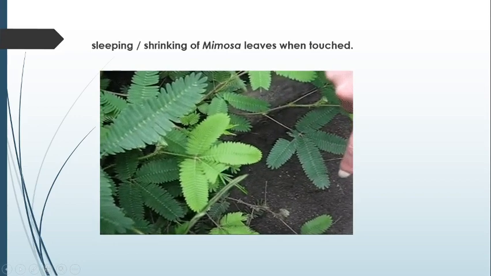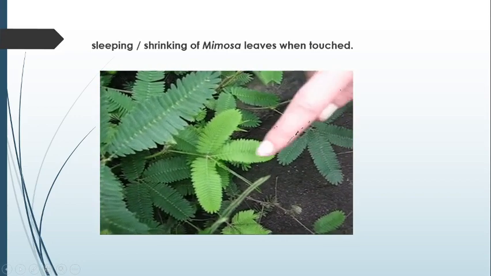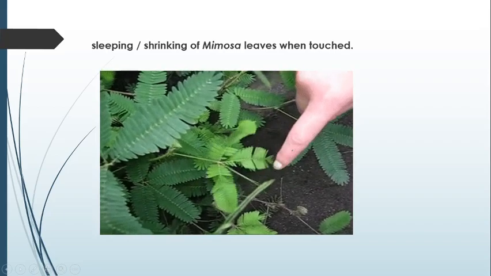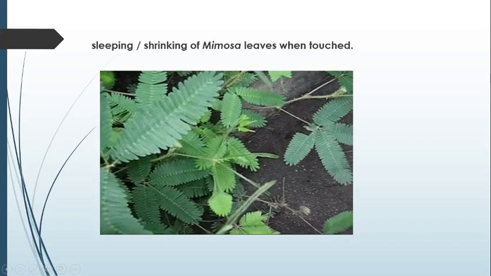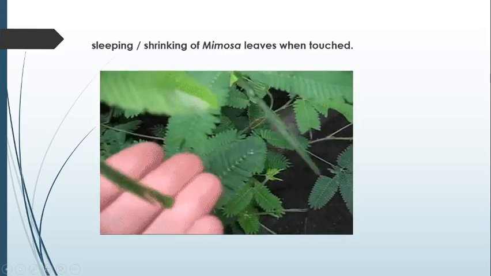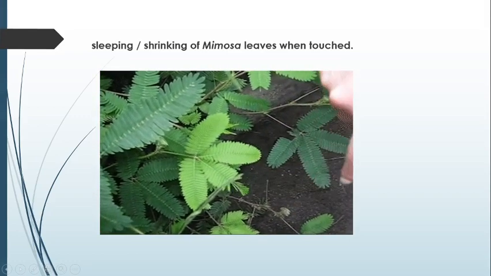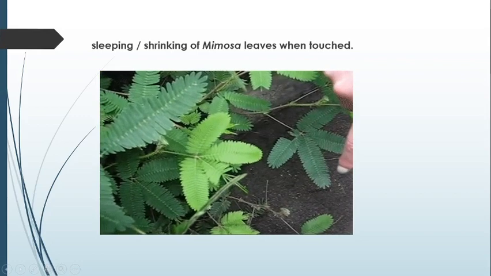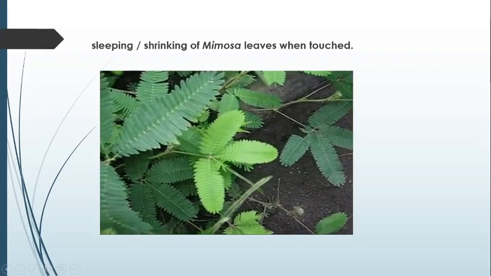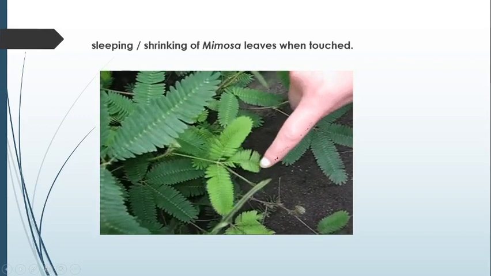From this diagram you can see how the mimosa leaves sleep when touched. Actually, this is a very specific type of movement.